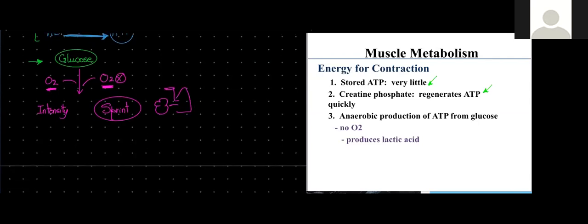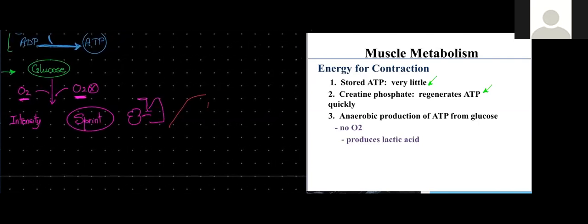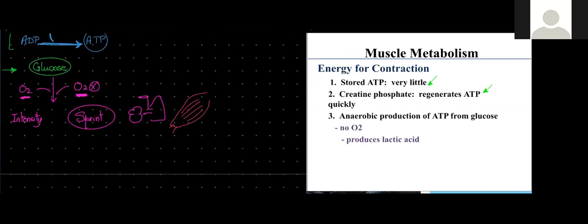So the muscles will decide we need to perform a much faster contraction, beyond the capacity of the heart and lungs to deliver enough oxygen. So what's going to happen here? The muscle will decide to break down the glucose without oxygen. This is what we call anaerobic glycolysis.